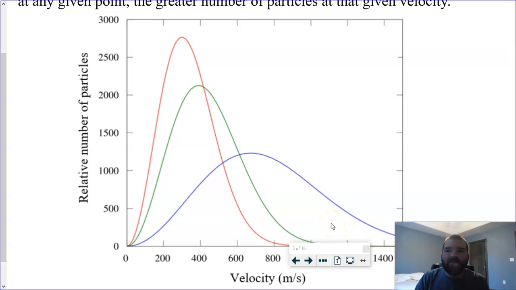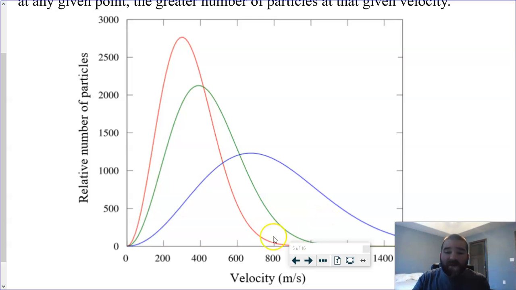As this graph goes up, more particles are representing that velocity. So it's a distribution, right? And here's the other thing, and maybe this is a misconception: when I have a sample of gas at a certain temperature, not all particles have the same velocity or the same energy, okay? When we measure the temperature of something, we're taking the average kinetic energy of the sample. Meaning, some things are moving faster, some things are moving slower, some things are moving at the velocity of our temperature, but there's a distribution, right?